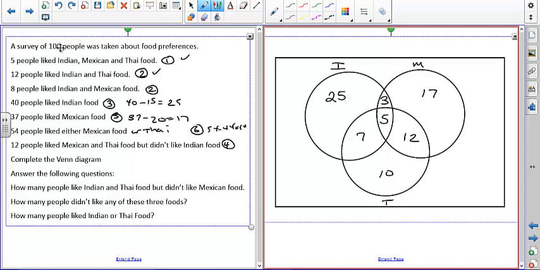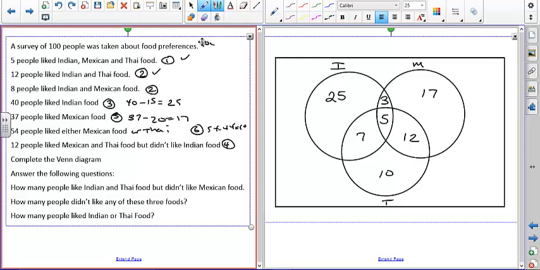And to find the number outside, you take the number of people surveyed and subtract the sum of the remaining 7 numbers. You can do this calculator-wise. 25 plus 3 is 28, plus 5 is 33, plus 7 is 40, 50, 60, 62, 72, 79. So you add these 7 numbers together and you get 79.